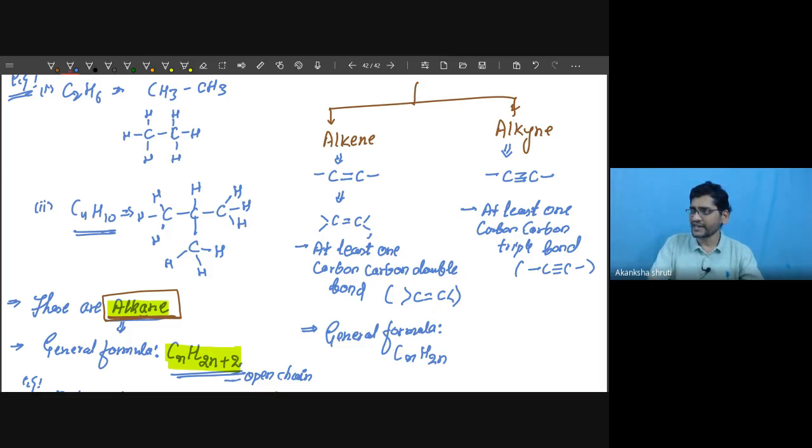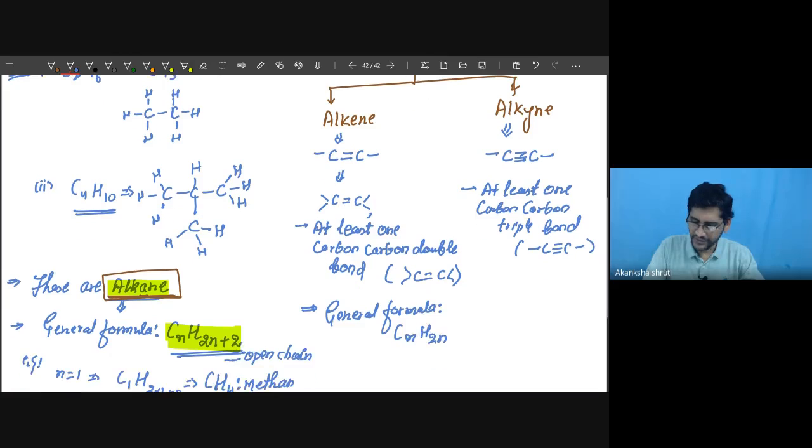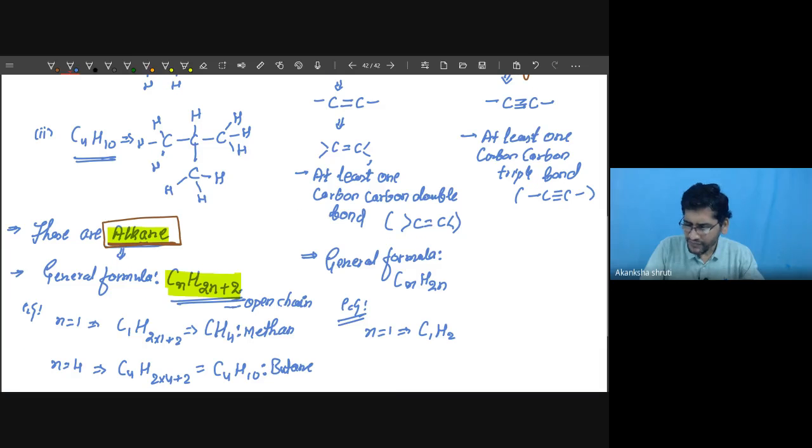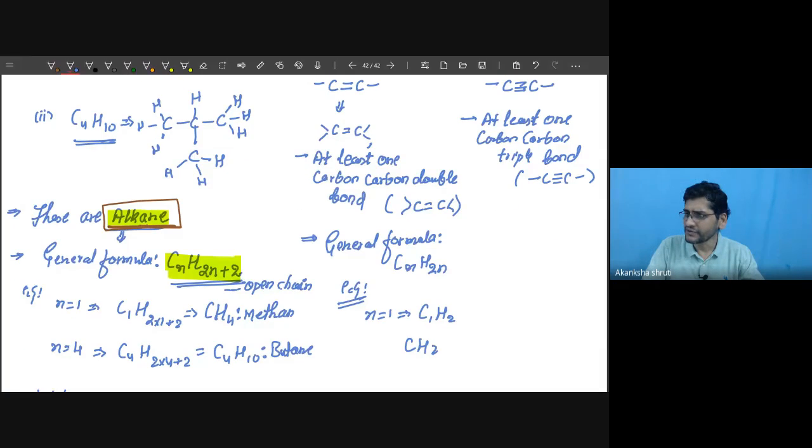If it is cyclic, then again two hydrogen have to be removed, but those things are not required at your level. Example, if we take n equal to 1, what is the formula? C1H2, meaning CH2 should form. Is it okay by following the formula?